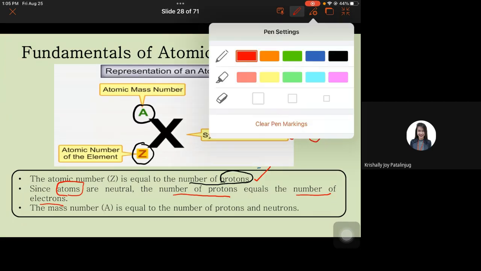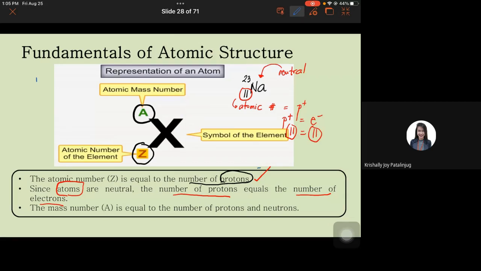Okay, let's have another example. For example, for the atom of the element chlorine, chlorine has an atomic number of 17. So meaning to say that is also equivalent to its proton number. So if you are asked for the number of electrons for a neutral chlorine atom, since it has no charge carried, the number of electrons is also 17.